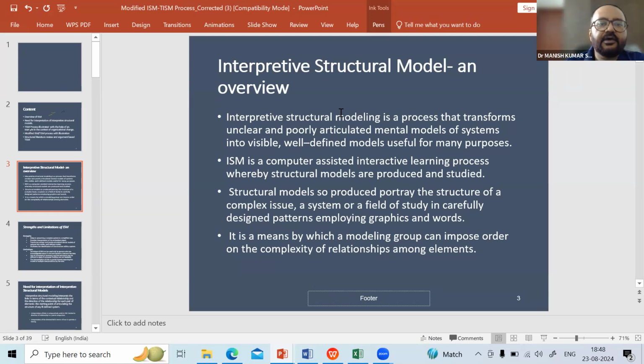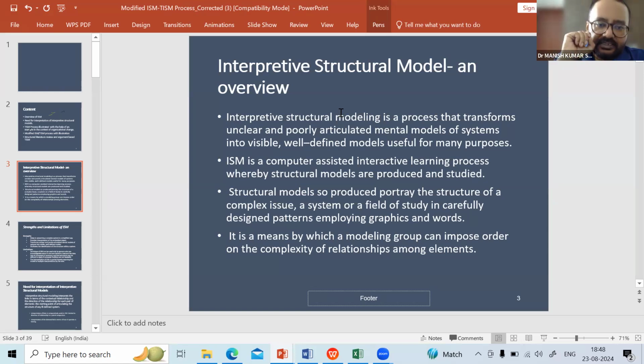So TISM is a developed model of ISM, in which we have more clarity about the complex issues, or the factors related to complex issues, or the system or field of study that is carefully designed.